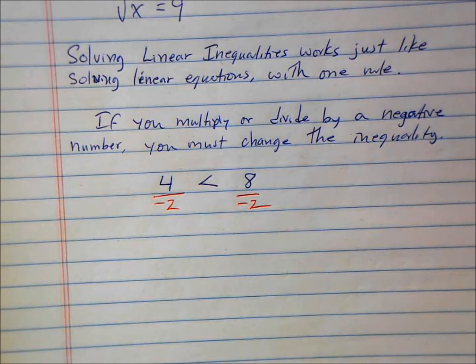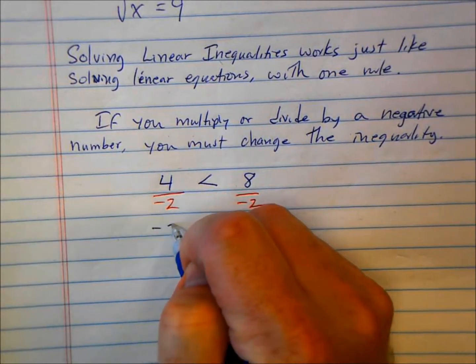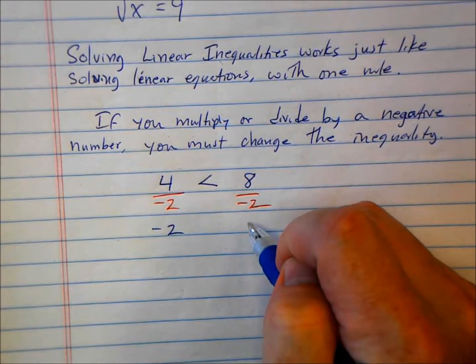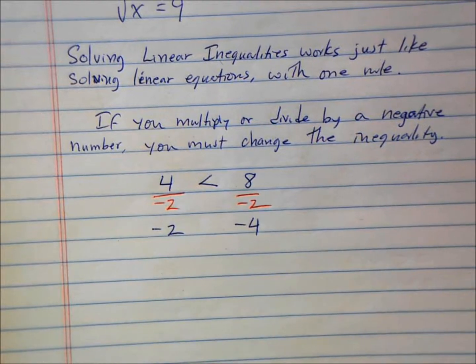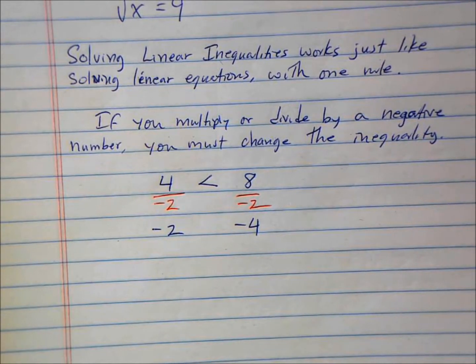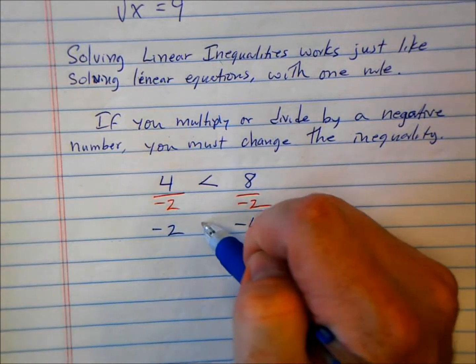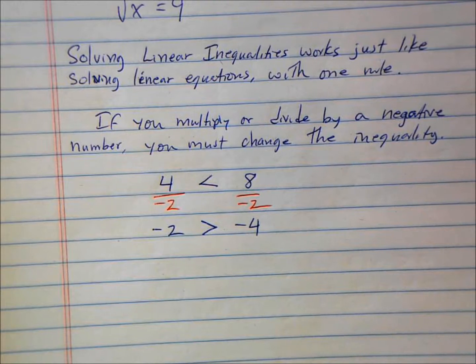What's 4 divided by negative 2? Negative 2. And 8 divided by negative 2? Negative 4. Which way does the inequality symbol go now? Is negative 2 greater than negative 4 or less than negative 4? The inequality symbol has to flip to make it still work.